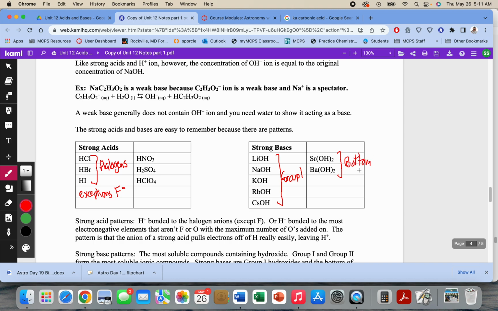And again, when you're at the bottom of the periodic table, you give up electrons very easily, and so these guys also create strong bases. You would assume that of all of these bases, the one that gives up electrons the most easily would be cesium hydroxide. And in fact, cesium hydroxide does give up electrons really easily, and if you could differentiate these bases, cesium hydroxide would be the strongest.